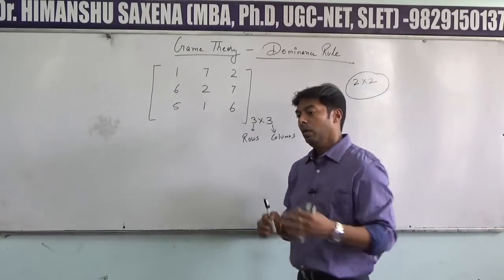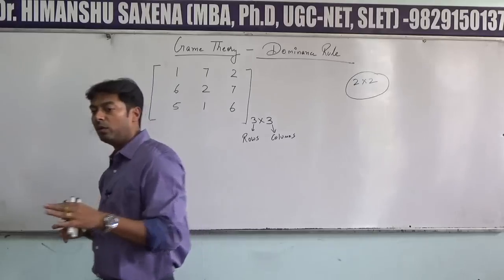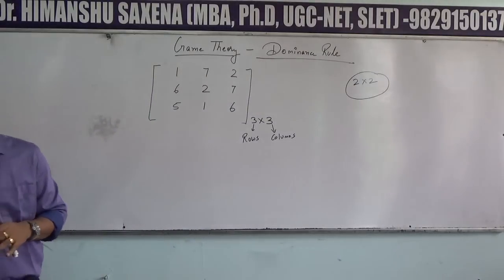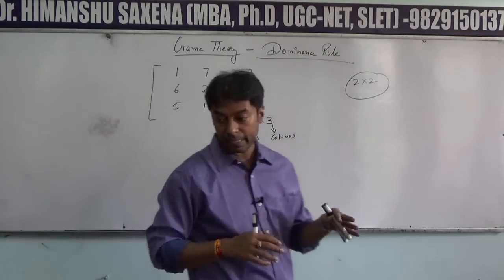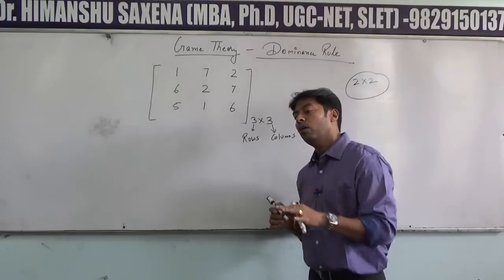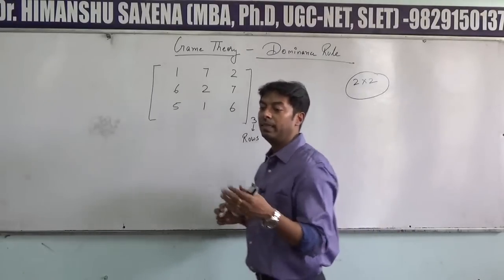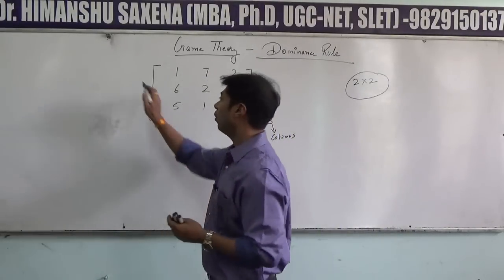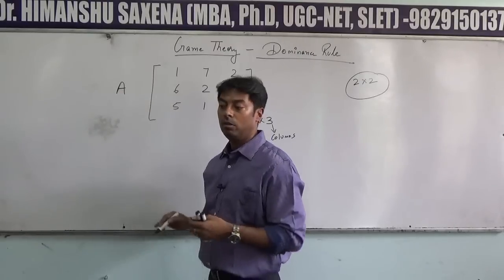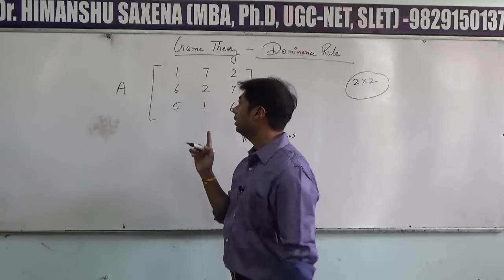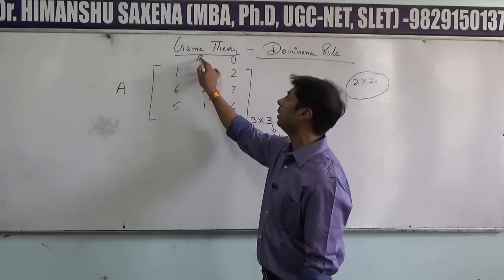So remember, all those rows having lesser or equal values will be eliminated from the game, because a smaller valued row represents smaller profits for the row player. Again, as I've said before, it represents a conflict between two players.